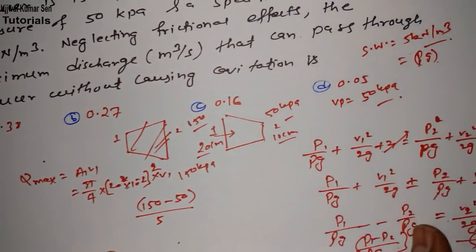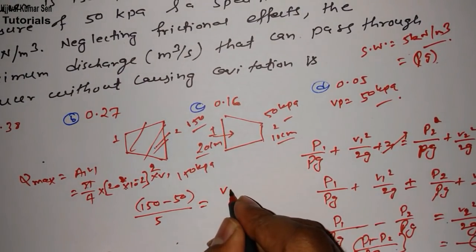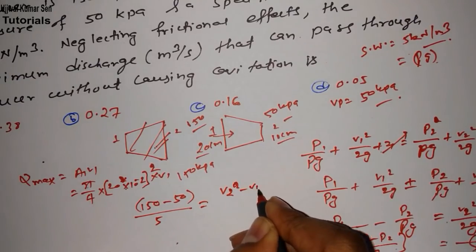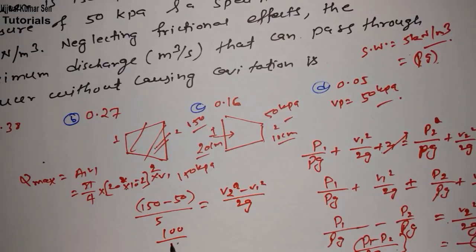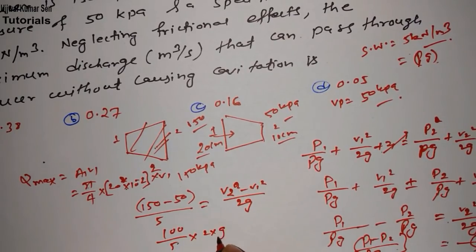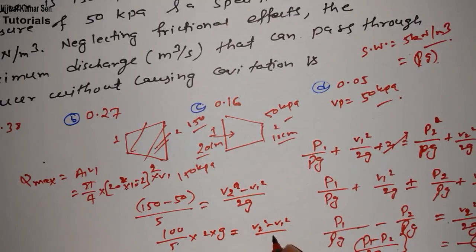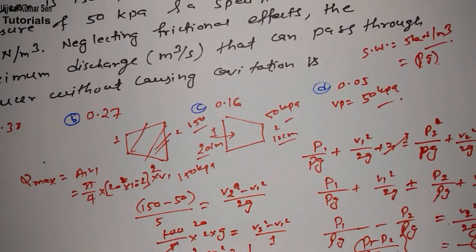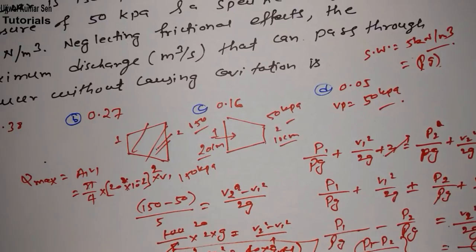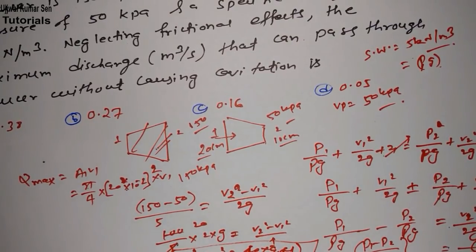So 100 by 5 times 2 times g equals V2 square minus V1 square, so V2 square minus V1 square is equal to 40 times 9.81. I hope you can see that.